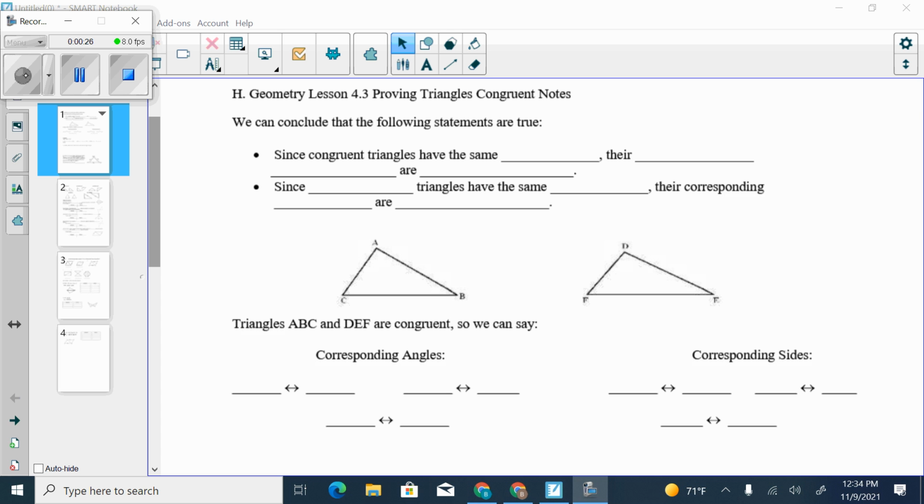So, we're going to fill in these blanks that say, since congruent triangles have the same size, then their corresponding, remember corresponding just means the ones that are in the same spot, corresponding sides are congruent.